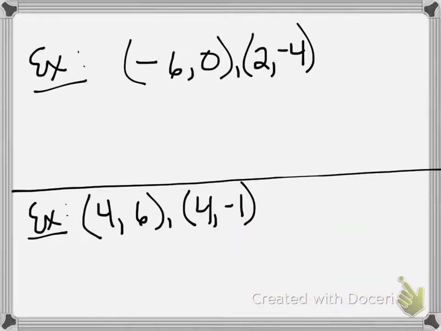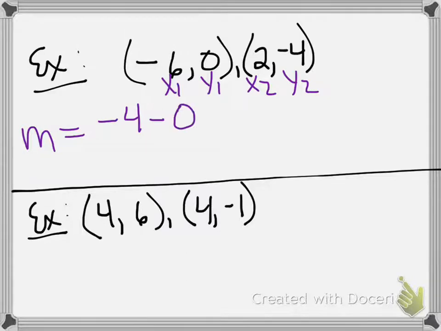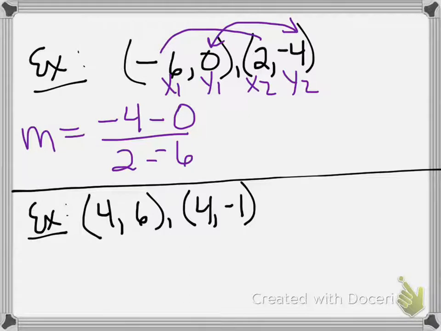Now let's try a couple more examples. For this problem, I have negative 6, 0, and I have 2, negative 4. This is x1, y1, x2, y2. My slope will be negative 4 minus 0, divided by 2 minus negative 6, and then simplify this.